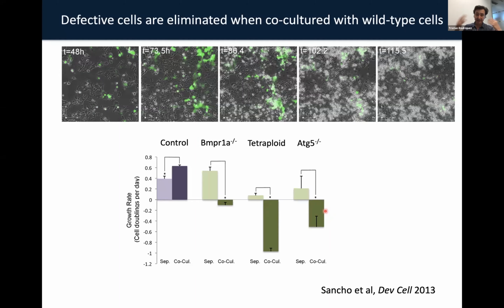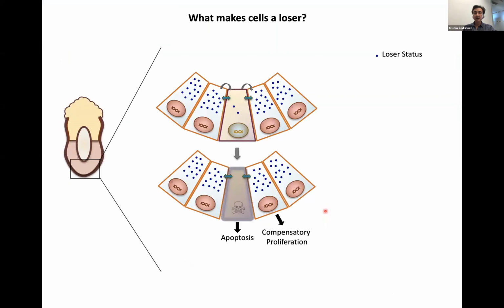What this indicates, together with the experiments in the embryo, is that there must be some common mechanism by which wild-type cells can identify defective cells and induce their elimination. So for the rest of my talk, I'm going to concentrate on describing the experiments we've been doing to understand what the common features are that make a cell a loser in these competitive interactions.